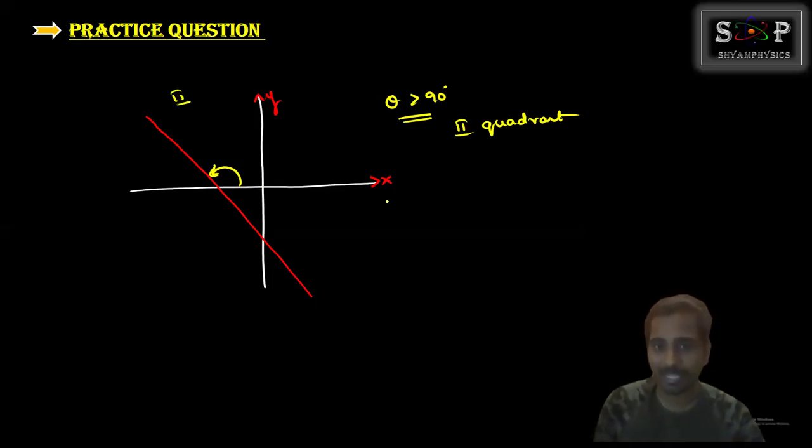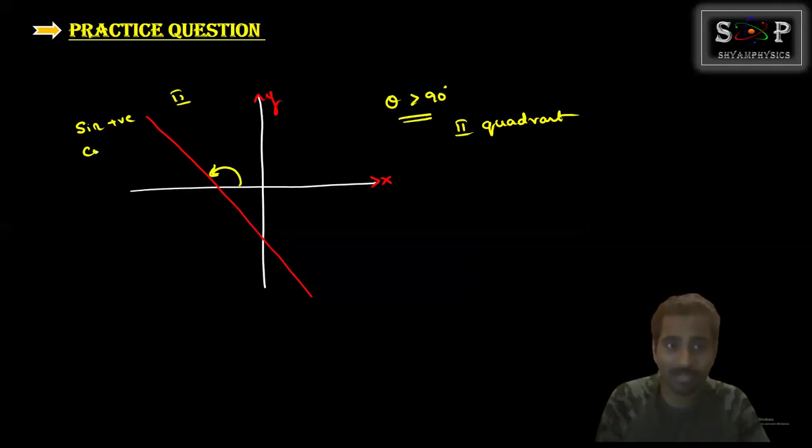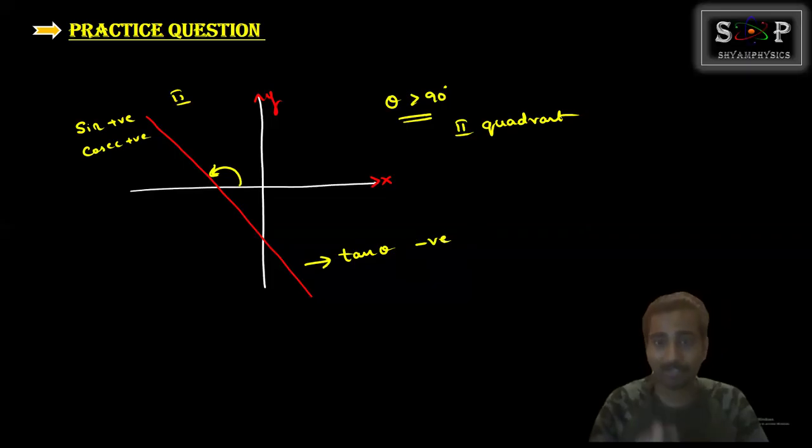Now tell me, if it is in the second quadrant, which are positive? Sine is positive and its reciprocal cosecant is positive. Correct? What about tan? Negative. So for this line, tan theta is negative because it exists in the second quadrant.